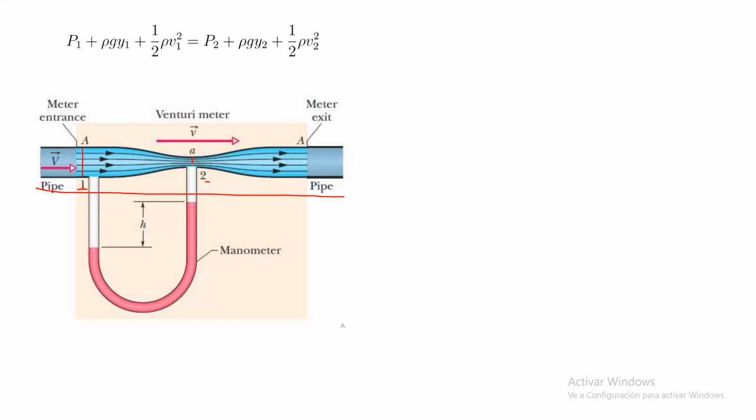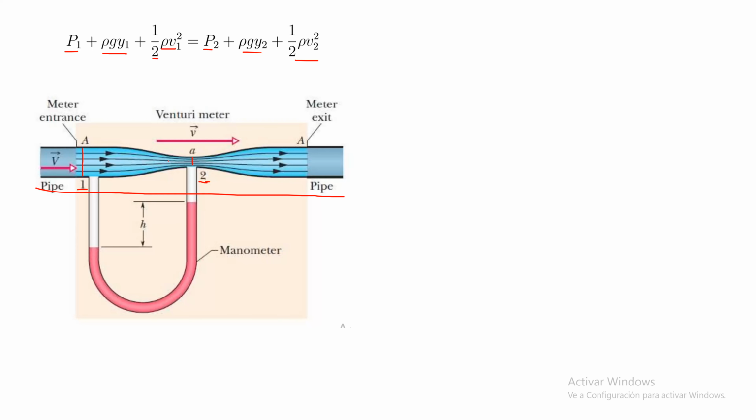So here is the formula for what stays constant, basically: the pressure plus the density times the gravitational constant times the height plus half the density times the velocity squared. All of these, of the fluid, specifically the fluid that is flowing through a tube, will stay the same at another point, as you can see here. So the values of all of these at point 1 and point 2 are the same.